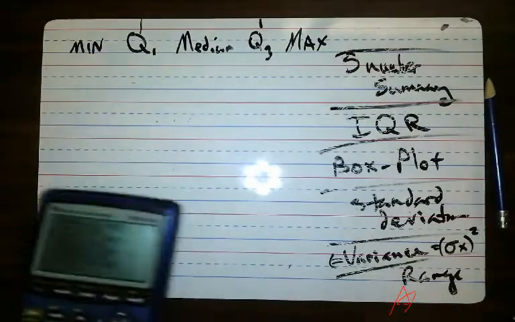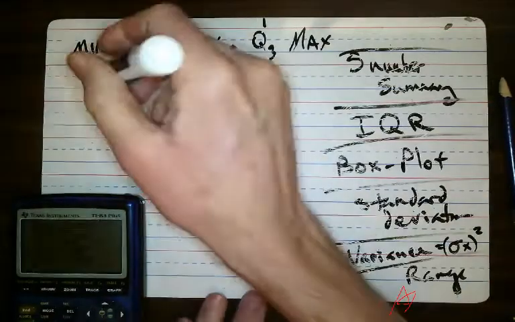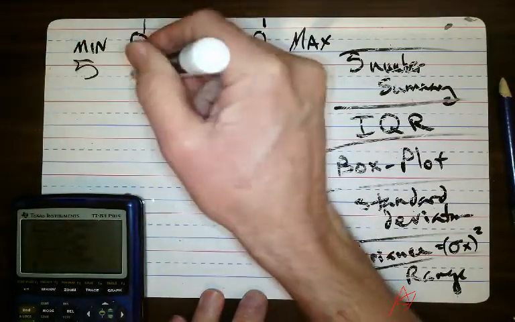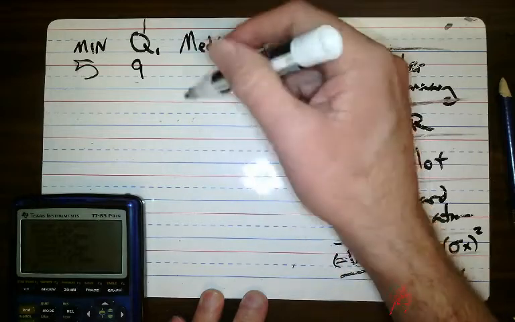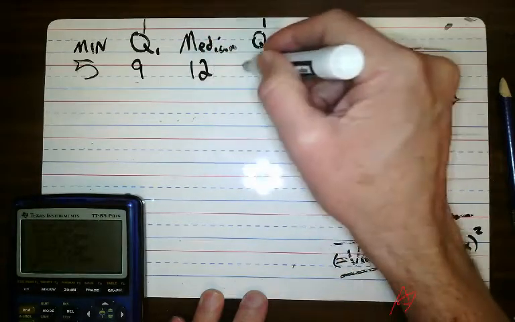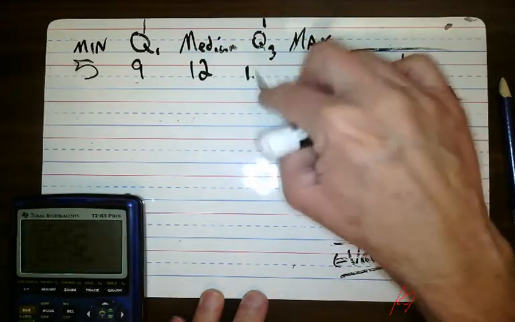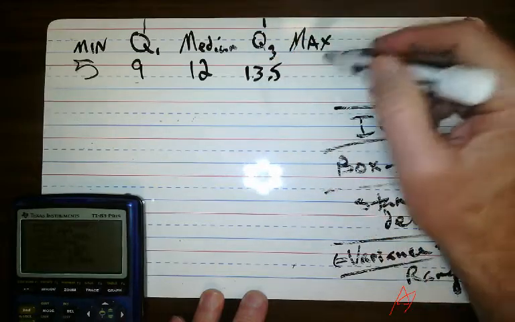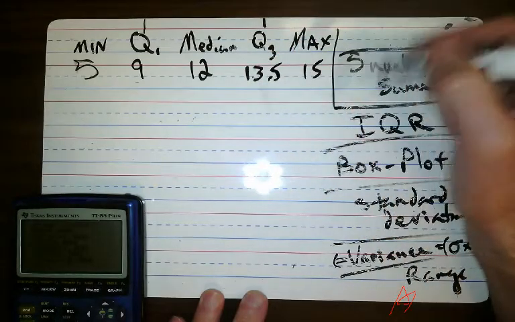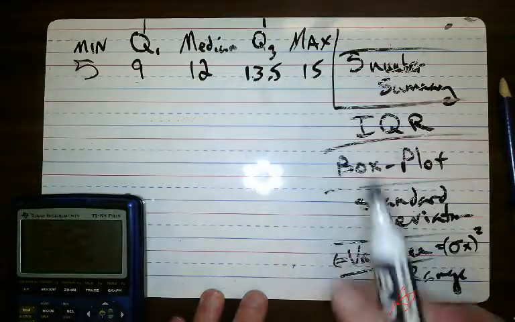So that's what we're going to write down right here: this one's 5, this one's 9, this one's 12, 13 and a half, and this one's 15. Okay, so we got the 5-number summary right there.